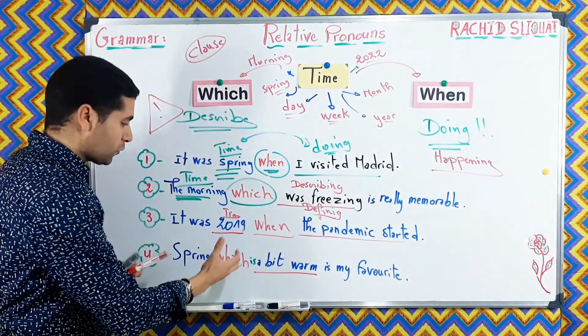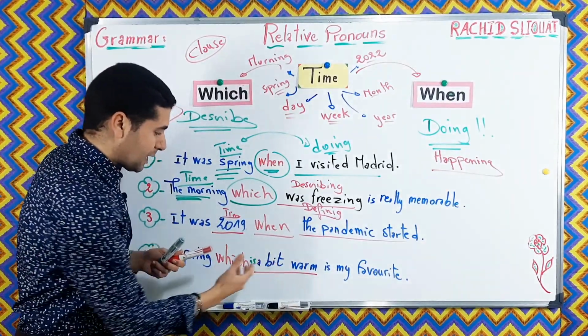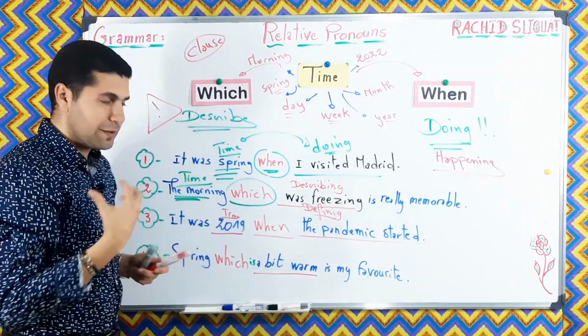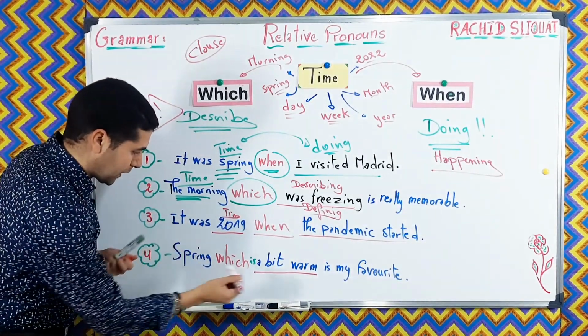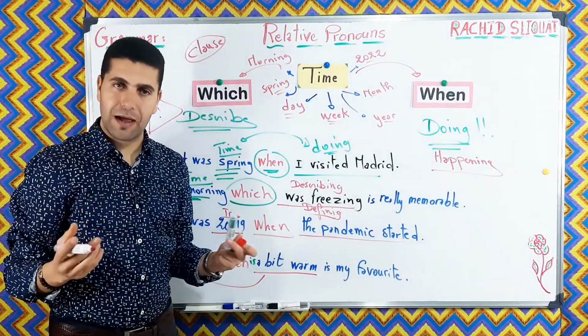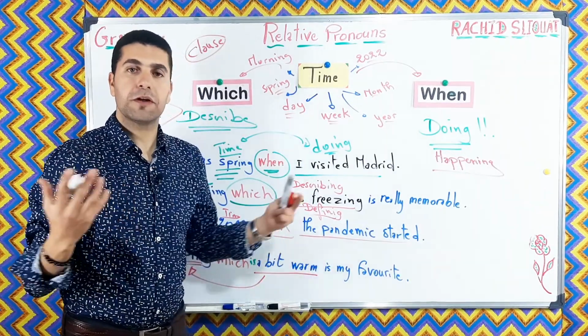Here, is a bit warm is describing or defining that time, defining the spring. Spring is most of the time warm, so that's why it is my favorite, for example.